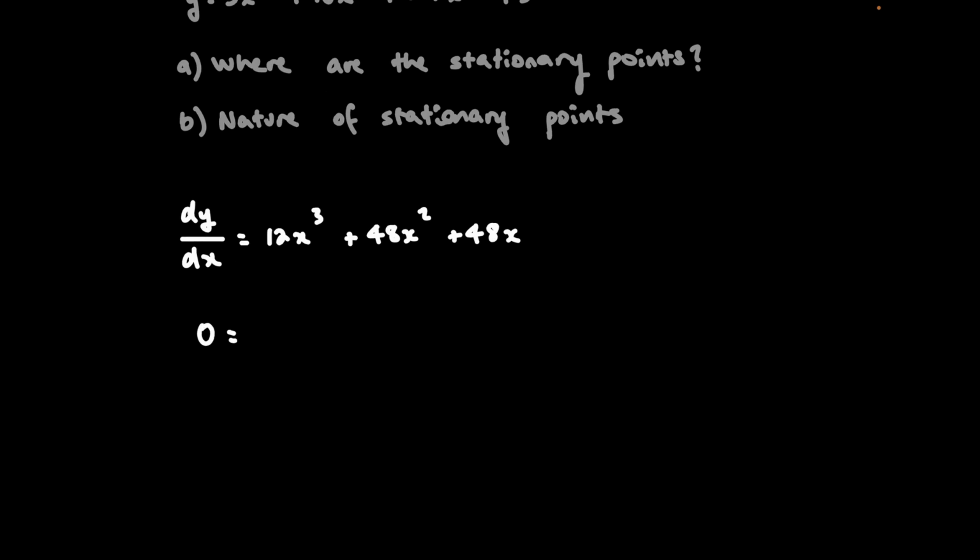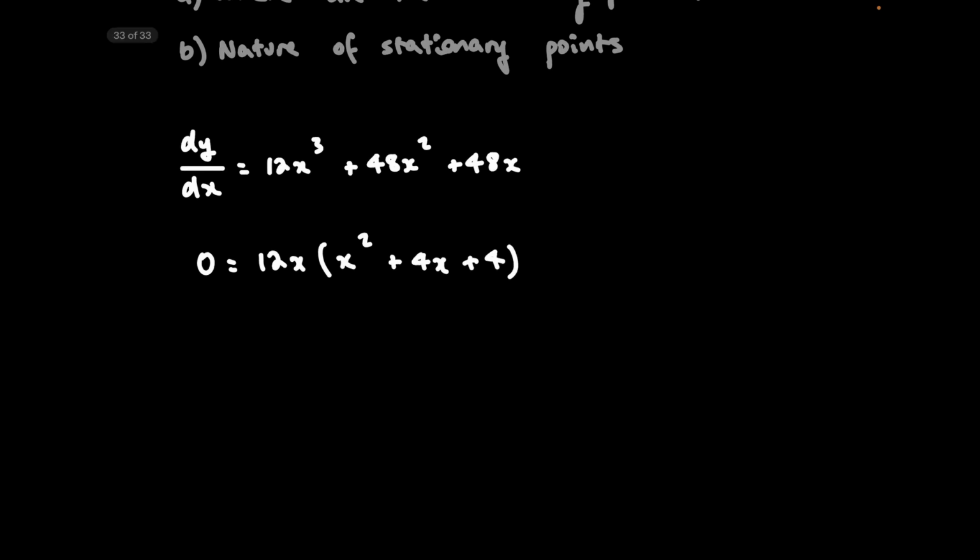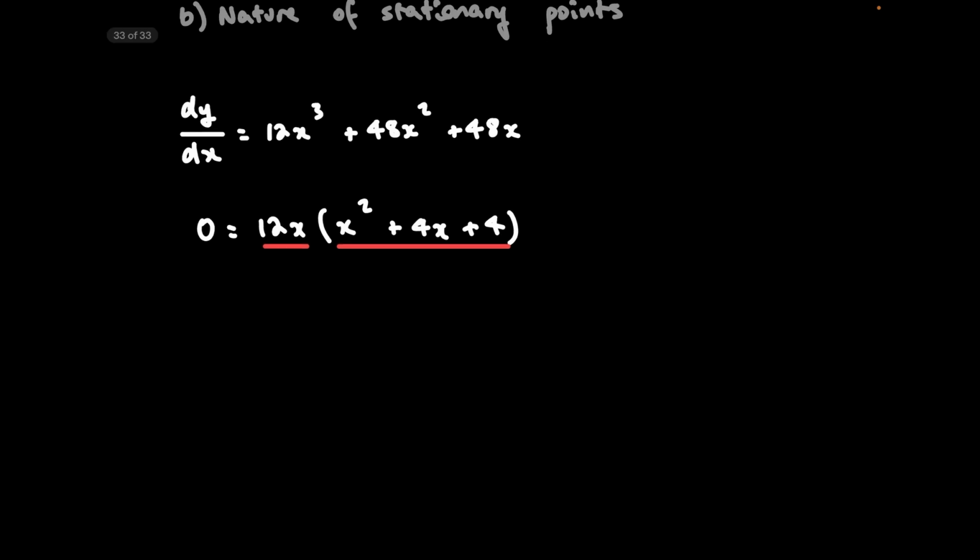Now to work out the stationary points here, we can factorize out a 12x and we're left with x squared plus 4x plus 4. In trying to solve this equation, either this has to equal 0 or this has to equal 0, using the null factor law. So 12x equals 0, in which case x must equal 0.